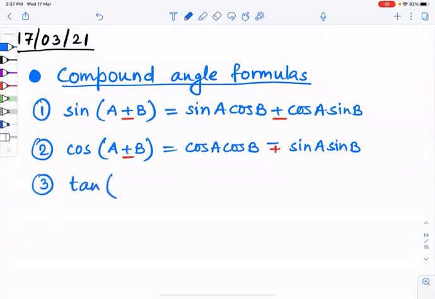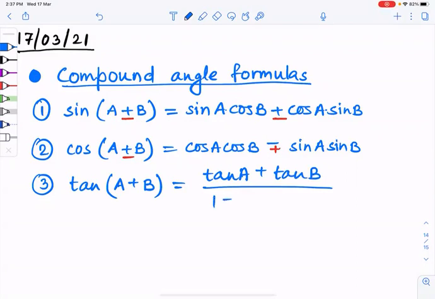Tan of A plus B will be tan A plus tan B divided by 1 minus tan A into tan B. This is the formula for tan of A plus B. But if I have tan of A minus B, the formula will have a minus here and a plus here. Simple formula.